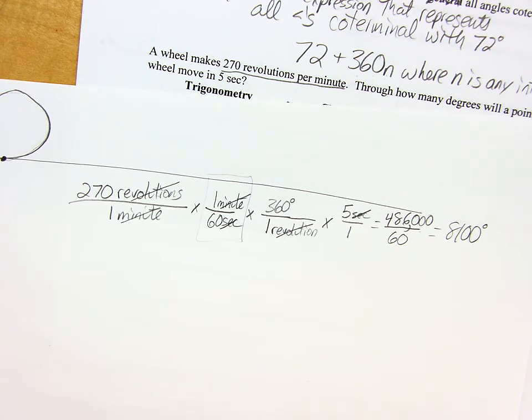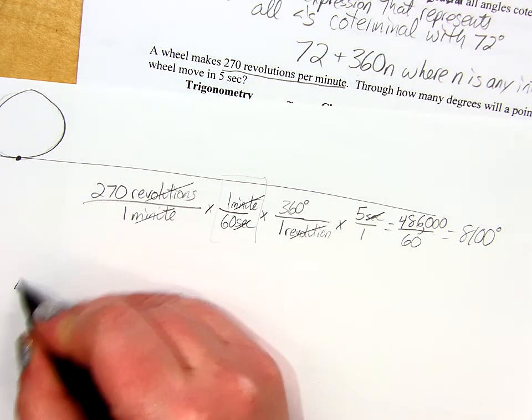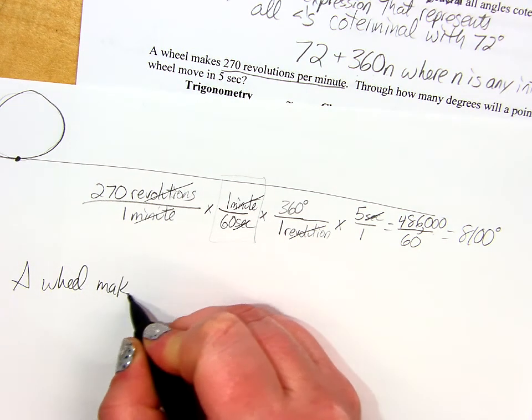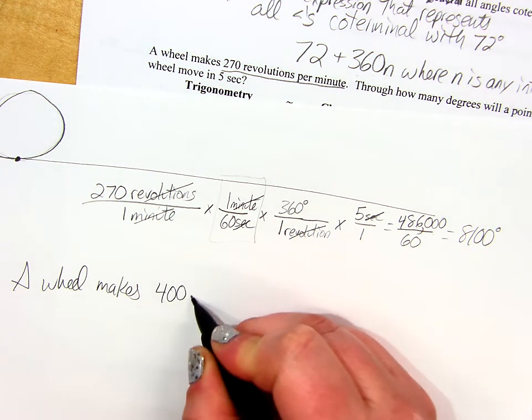All right. I want to do one more example before I give you your homework, if that's okay, because these can be a little weird. So let's do kind of the same scenario, but let's say a wheel makes, I don't know, about 400 revolutions per minute.